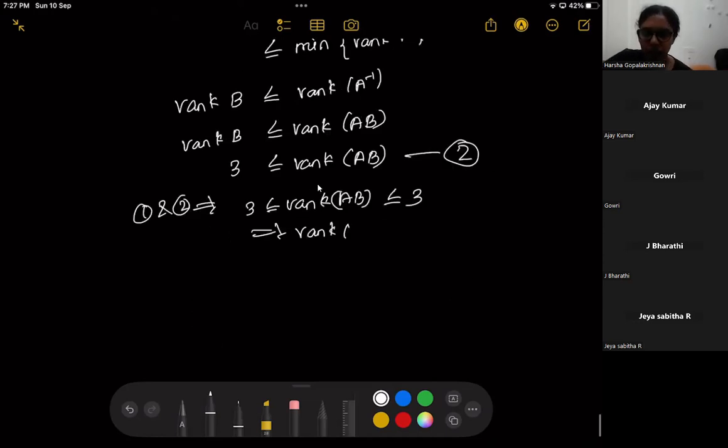Correct? Rank of AB is bounded below and above by 3, so the only possibility is that it is 3. Is this okay? Any doubt in this question? No, ma'am.